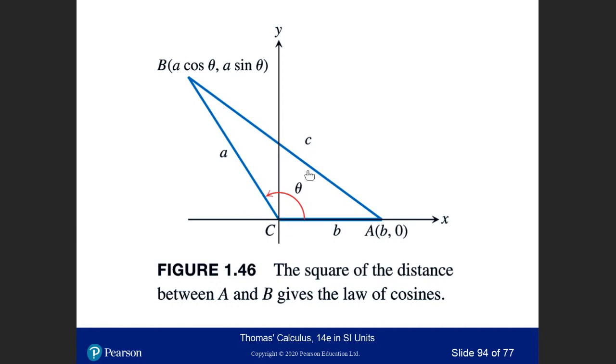Okay, now H1 is equal to a times sine B. This distance from here to here is a times sine B, where B is the angle here.